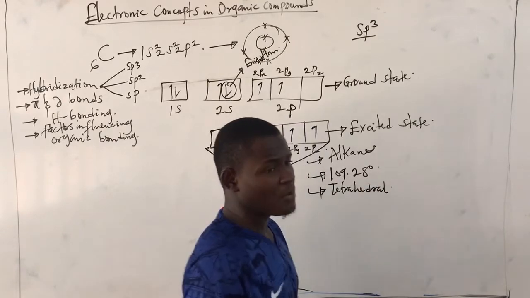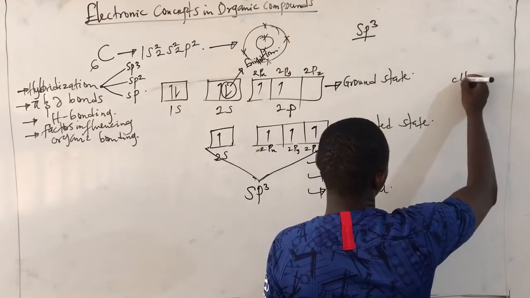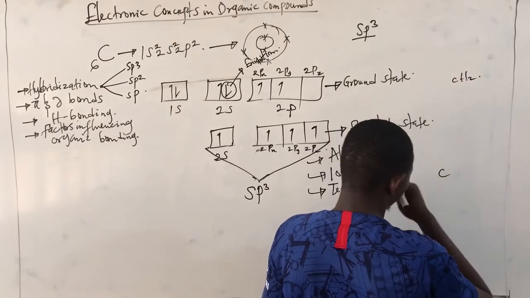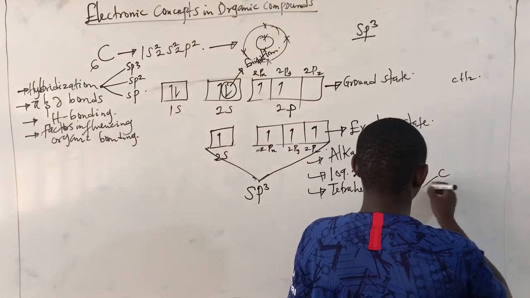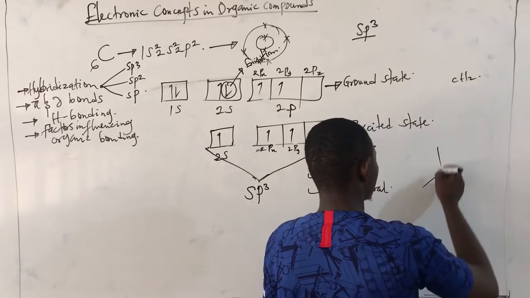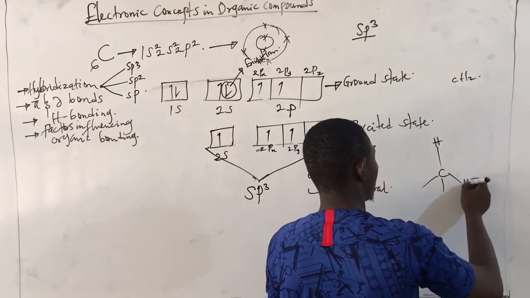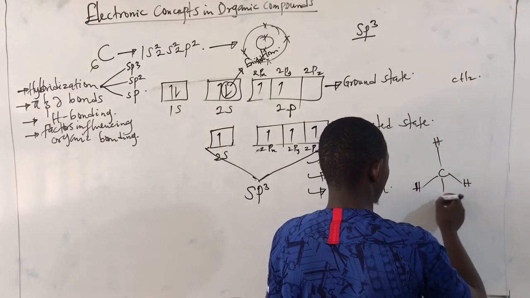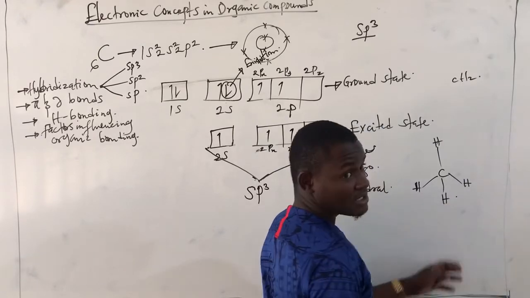So let's take, for example, methane. Methane is CH4. If we draw the structure, we have C and 4 atoms of hydrogen. This is the methane molecule, right?